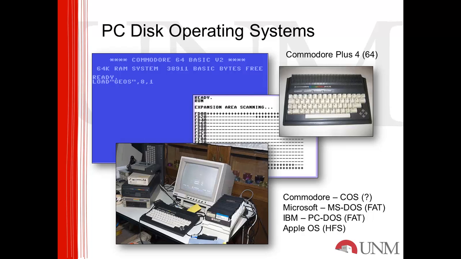Now, in the late 70s and early 80s, we saw the advent of the personal computer. This is actually a set of pictures of the first personal computer that I learned to use. It was called a Commodore Plus 4, which was a sibling of the more famous Commodore 64, which was not much of a computer by today's standards.